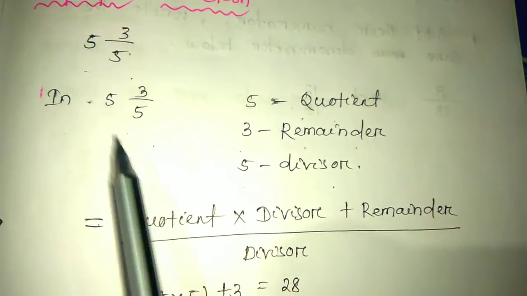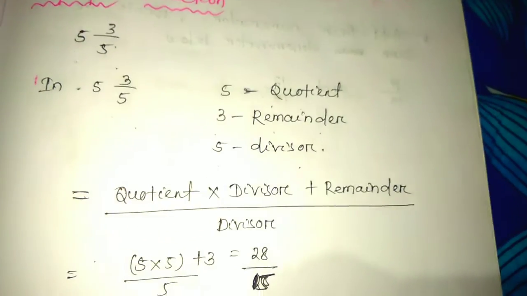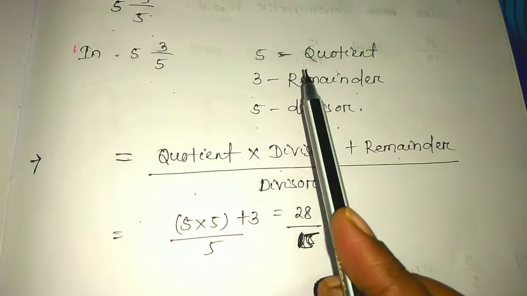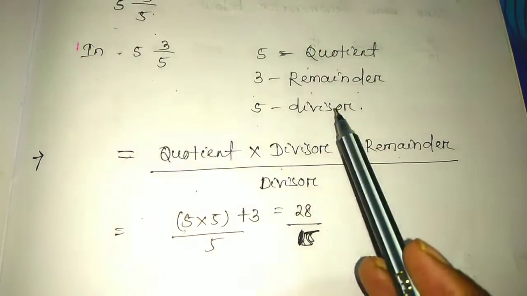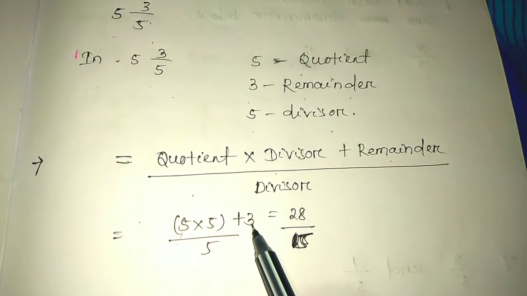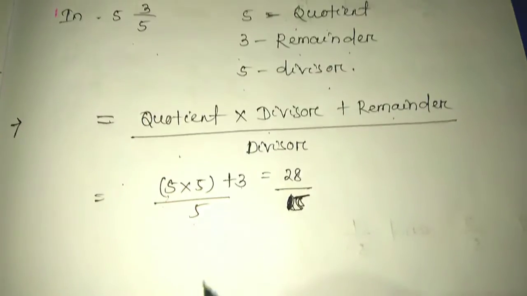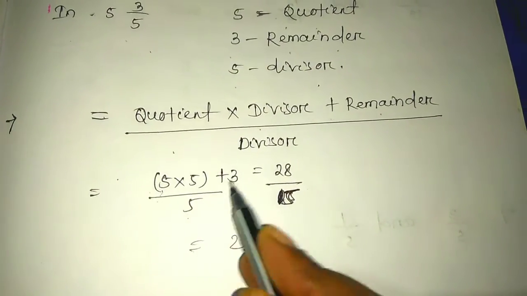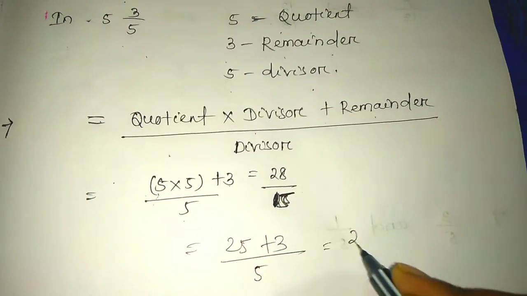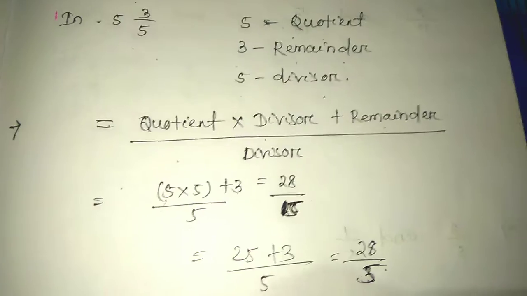So the rule for converting a mixed fraction to an improper fraction is quotient into divisor plus remainder, divided by divisor. Here the quotient is 5 and the divisor is also 5 and the remainder is 3. 5 into 5 is equal to 25, plus 3, divided by 5, is equal to 28 by 5.